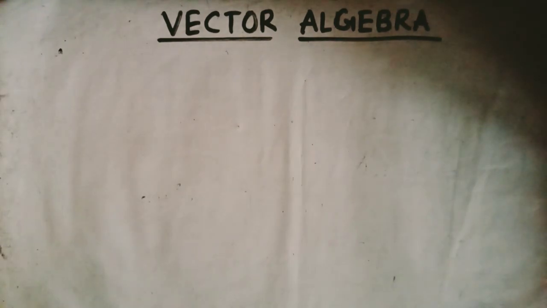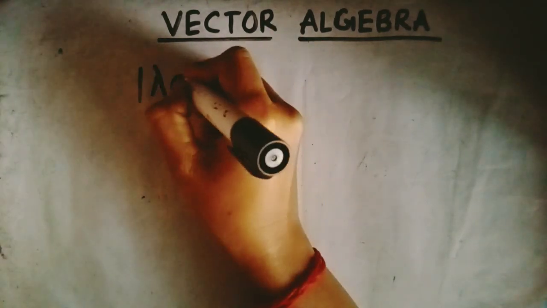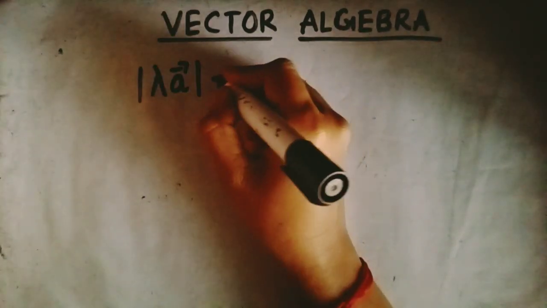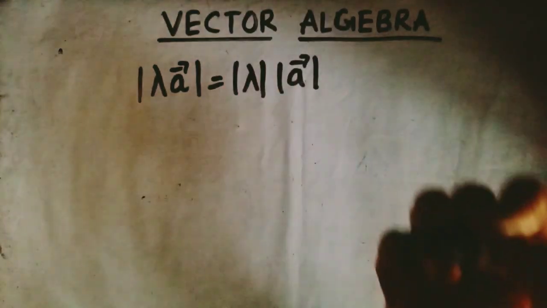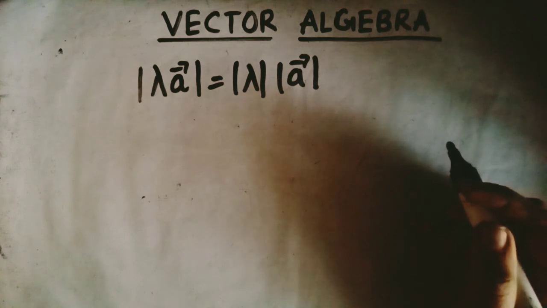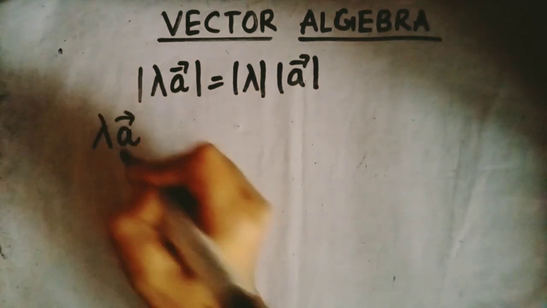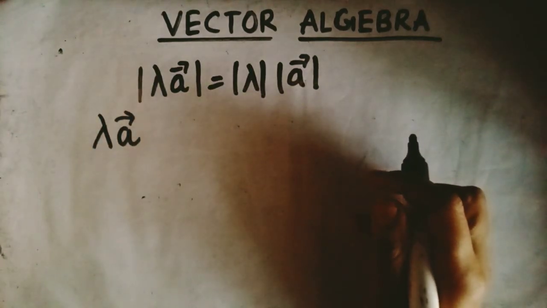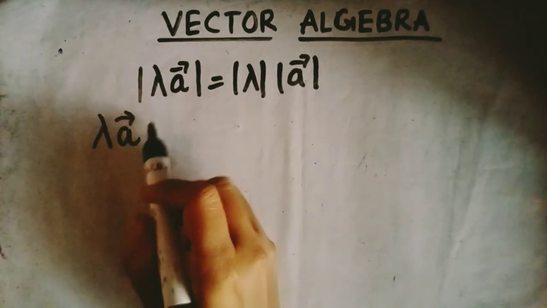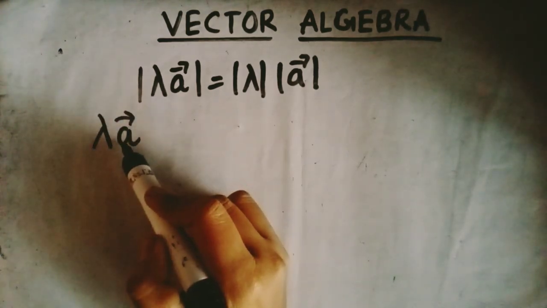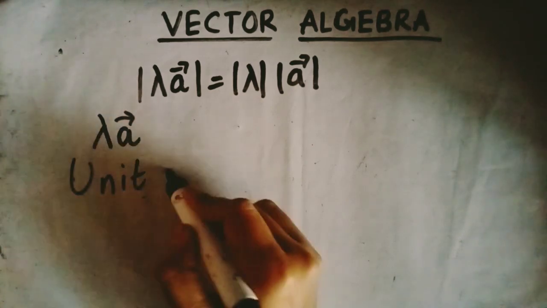Next is multiplication of a vector by a scalar. So if lambda is any scalar which is multiplied by a vector, we can write this. So lambda scalar multiplied to a vector represents the vector in the direction of A. So we write here what is unit vector.